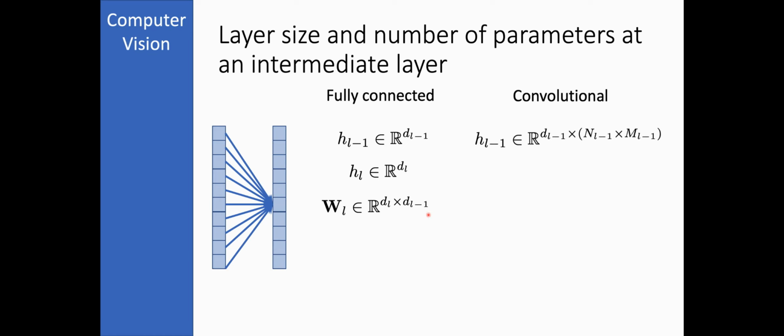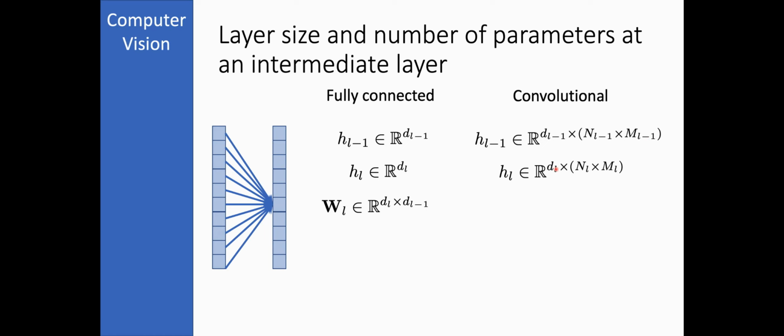In a convolutional layer, my network is composed of these sets of channels as layers. So layer L-1 has D sub L-1 channels, and each channel has this many neurons. So the total dimension for the hidden layer L-1 is D sub L-1 times N sub L-1 times M sub L-1. If I look at the next layer, I have a similar structure.